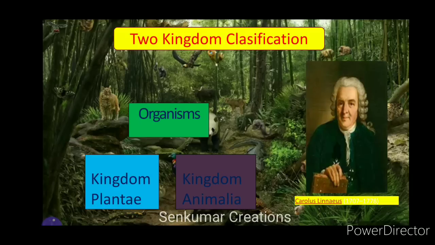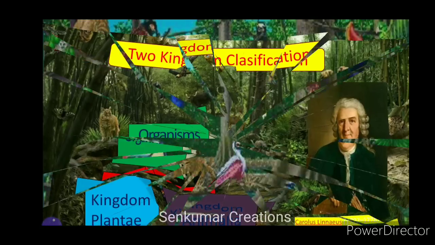Aristotle classified organisms into plants and animals, but the two kingdom system was first proposed by Carl Linnaeus: kingdom Plantae and kingdom Animalia. Organisms are divided into two groups.